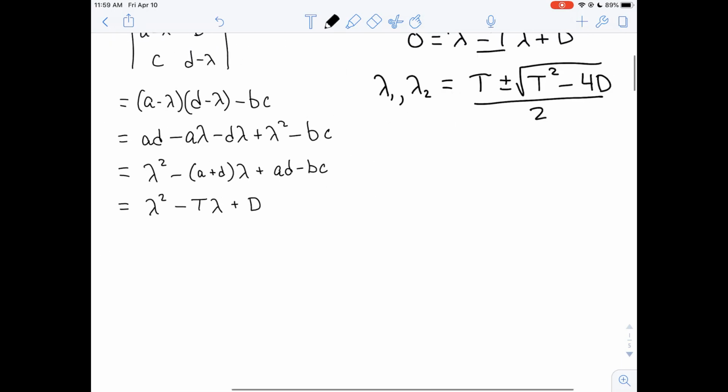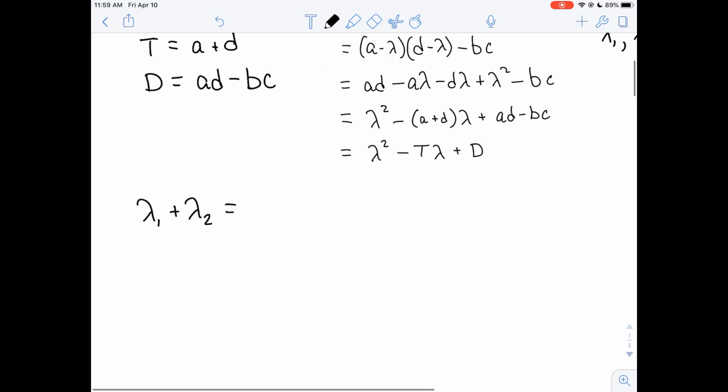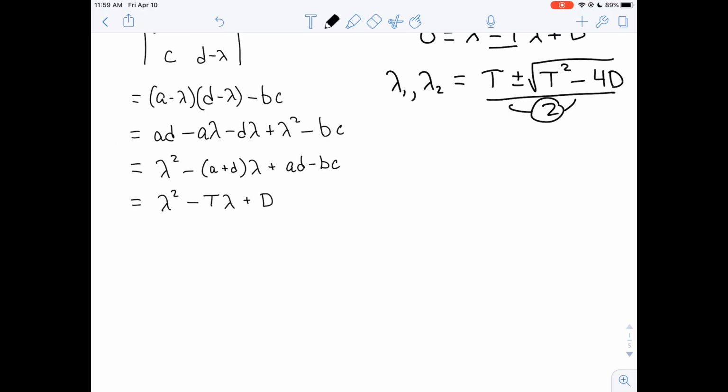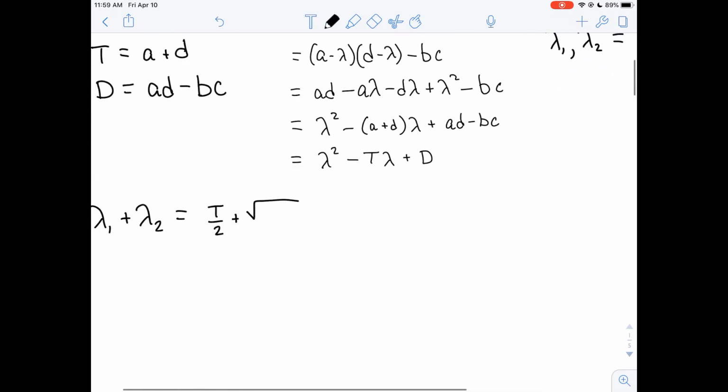So lambda 1 we'll say is the one that involves the plus, and lambda 2 will involve the minus. I'm also going to split this 2 up under each part here. So our first eigenvalue was the trace divided by 2 plus the square root of the discriminant. The discriminant was t squared minus 4d.